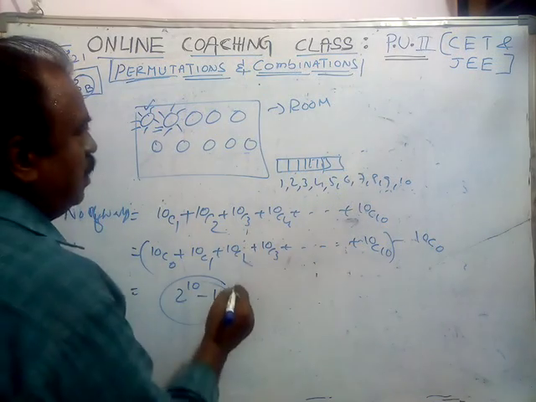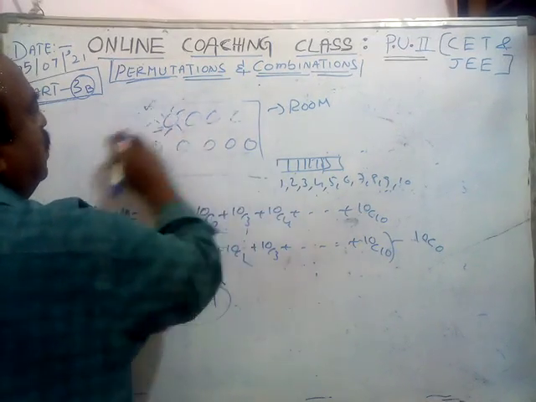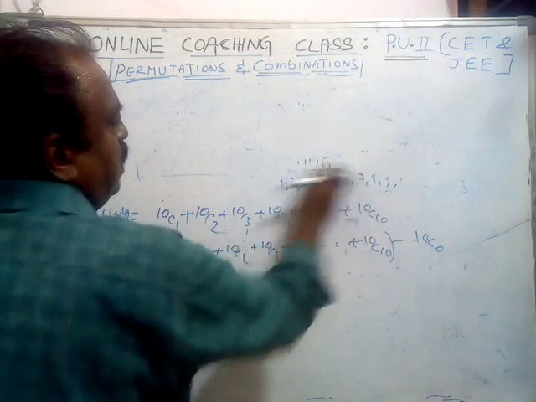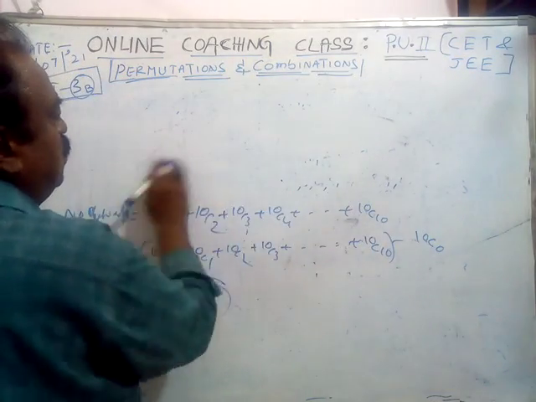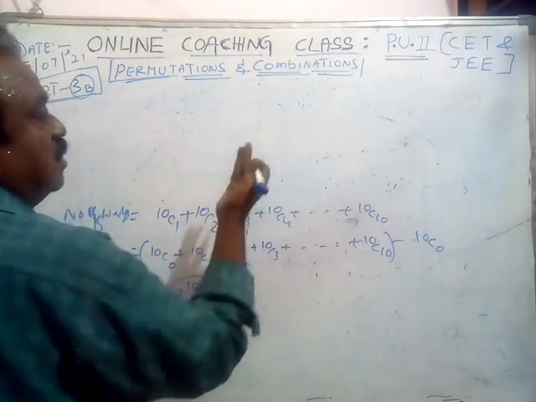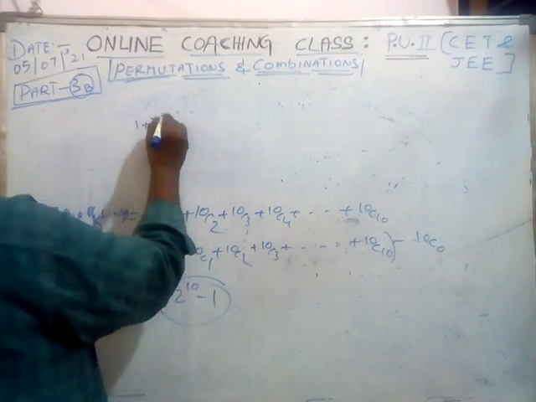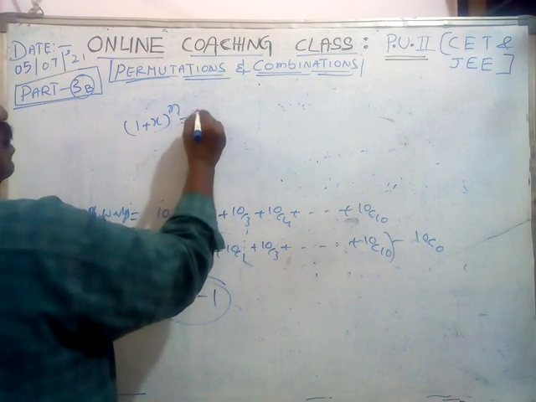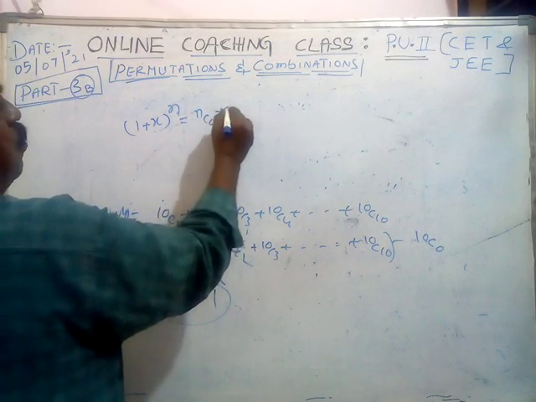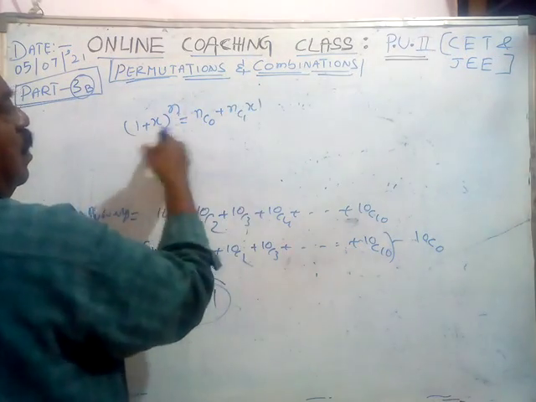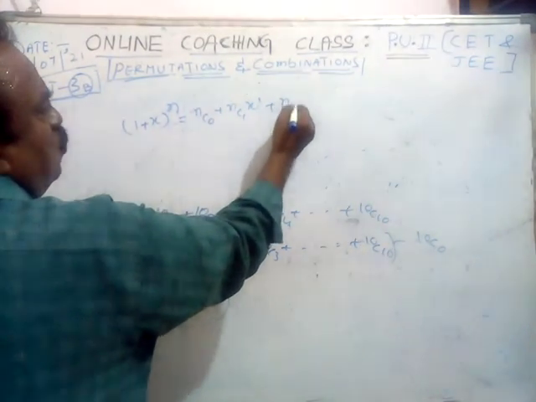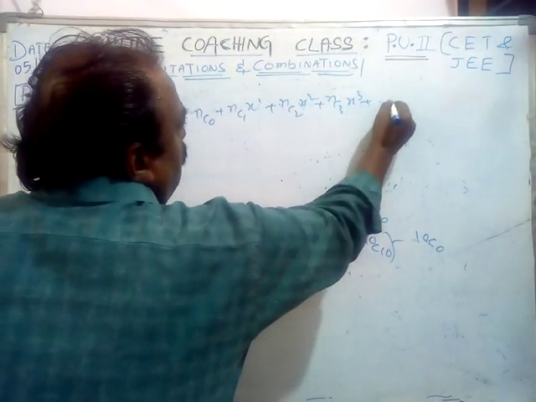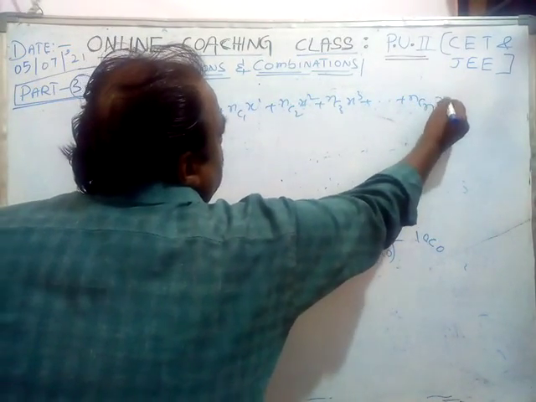How is this formula obtained? I will tell it. The binomial theorem is excluded from our syllabus, but in the lower classes this formula is there. (1 plus x) whole power n is nC0 plus nC1 x power 1, plus nC2 x square, nC3 x cube, like that up to nCn x power n.